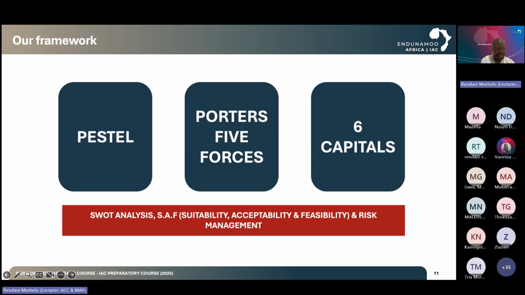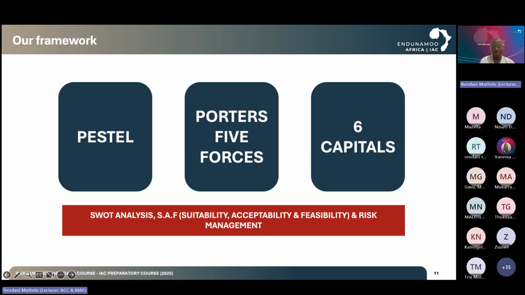So this will be government policies, technological factors, social and demographic factors, economic factors, environmental factors, legislation, and so on. These are the frameworks that we use in order to demonstrate our business acumen.